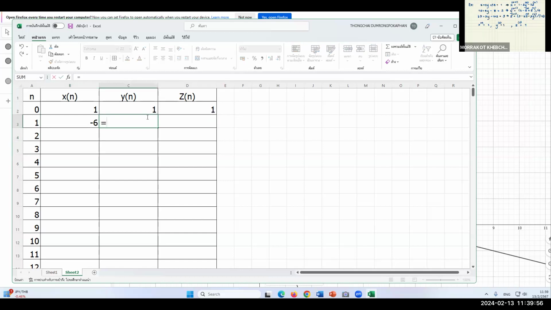y(n+1) equals 2 minus x(n) plus z(n), divided by 4.